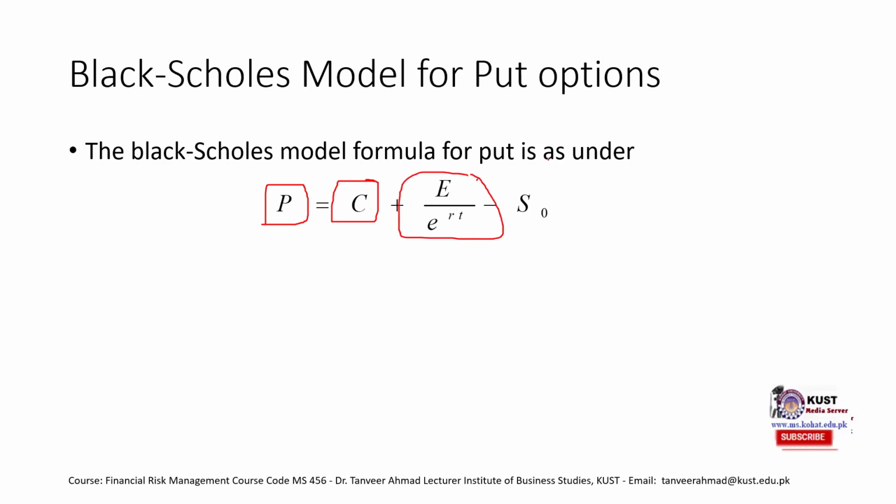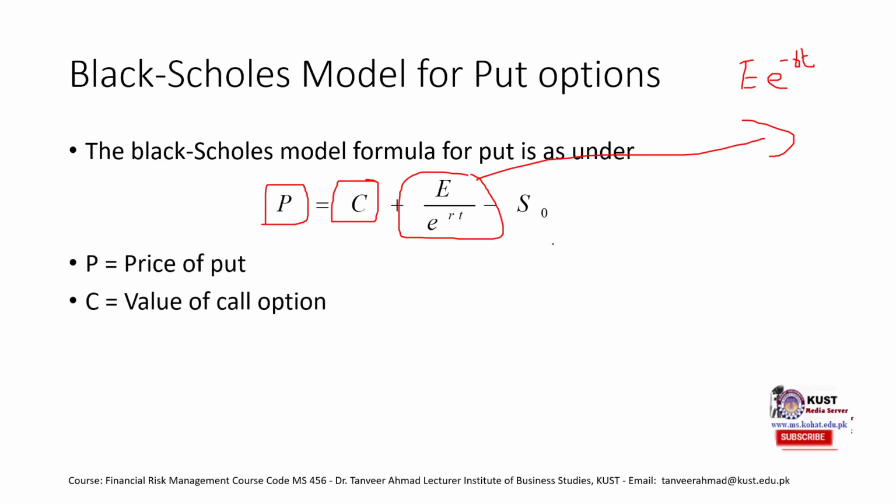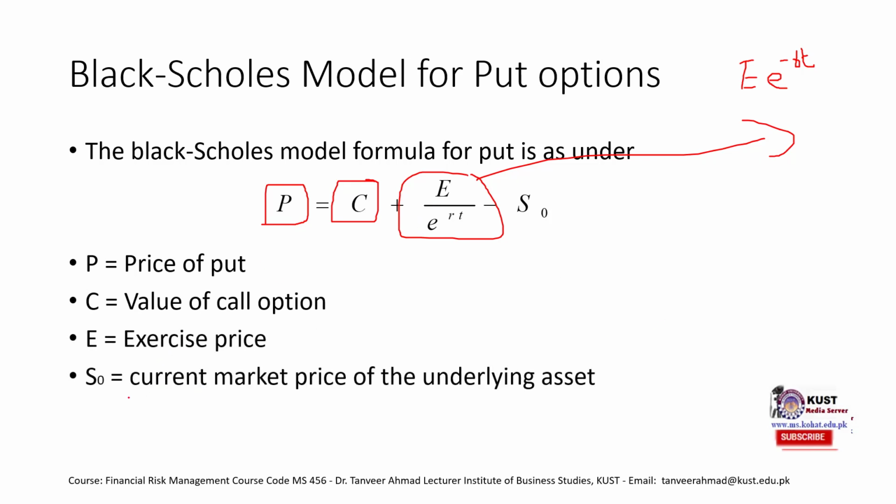Remember, this can also be written as E into E raised to power minus RT. So in previous example, I wrote it in this way, just to give you an idea. Minus the spot price. So P stands for price of put option, C stands for value of call option, E stands for exercise price, S naught stands for current market price of the underlying stock.